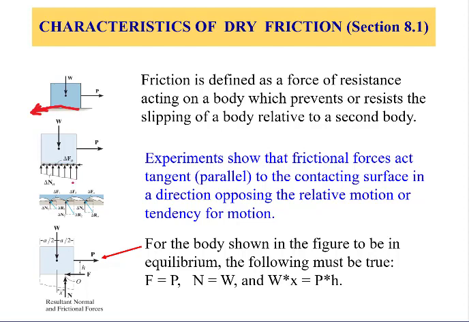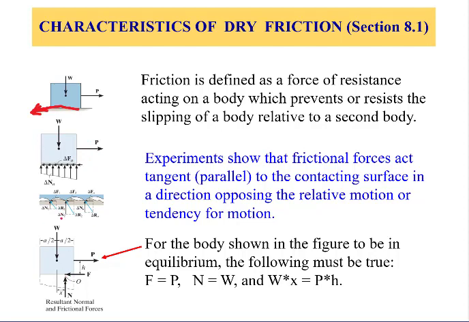Typically, this distributed normal force can be represented by an average single force somewhere along the base or along the contact area, and we'll find where that equivalent normal force should be, again depending on the problem statement. Now the last force is the friction force, and the friction force, as we mentioned, is always tangent to the contact area and opposite to the direction of motion, so it's pointing to the left, because the tendency of this object is to move to the right.